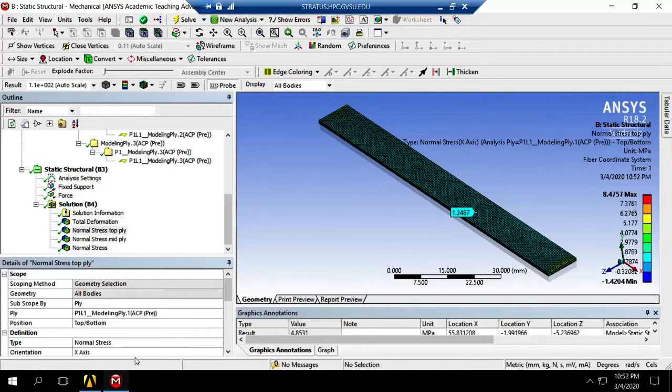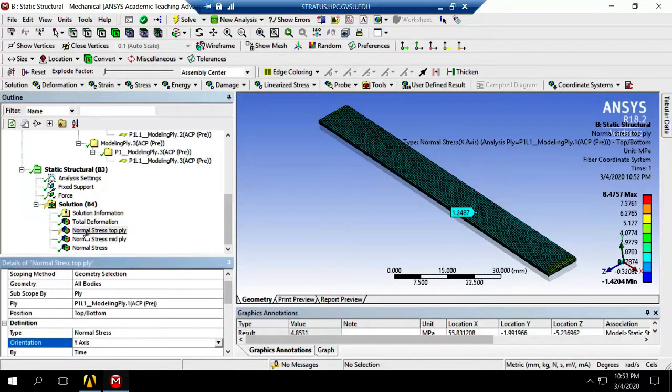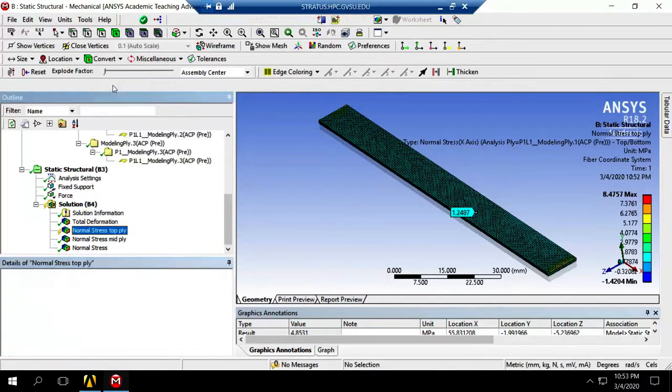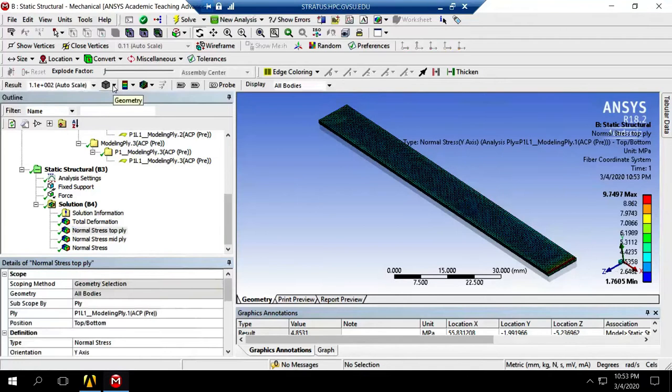And if you want to see the stresses in the transverse direction, which is my Z, based on the fiber coordinate system, my stress is going to be 3.46.